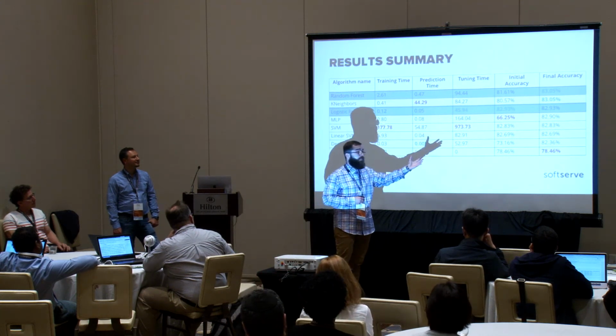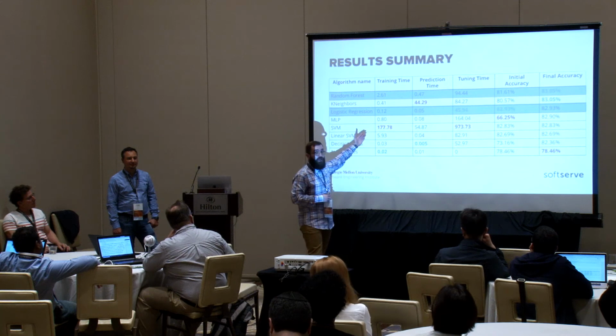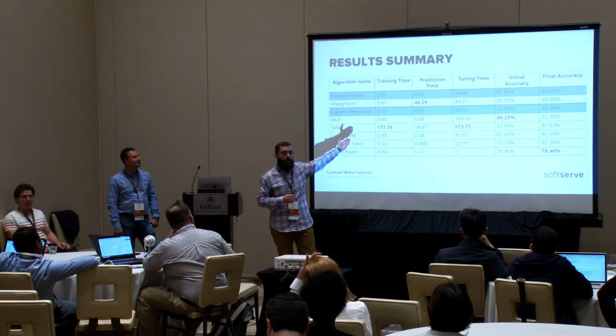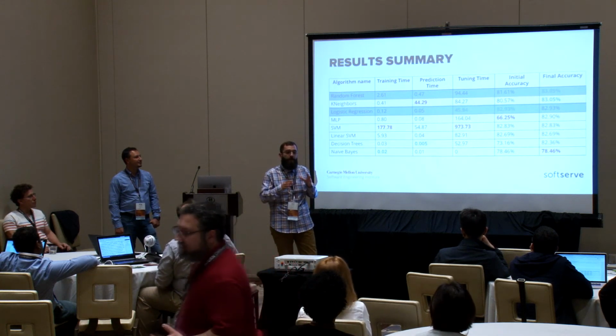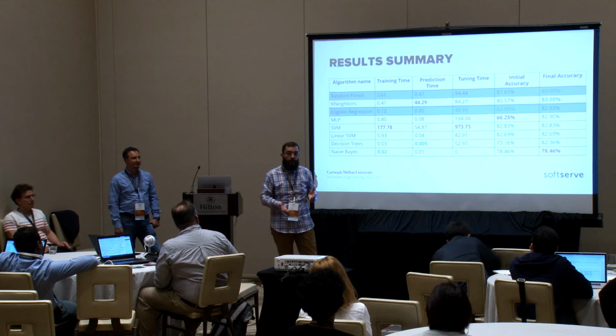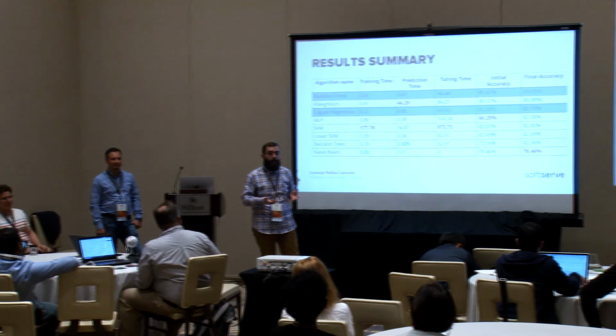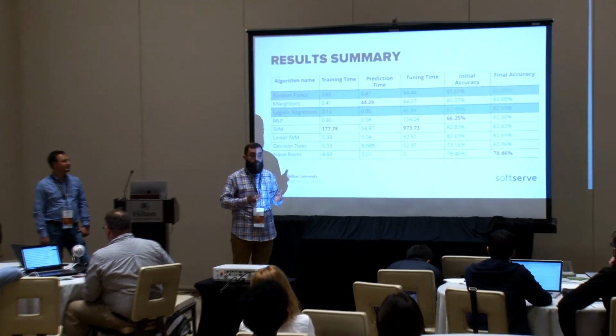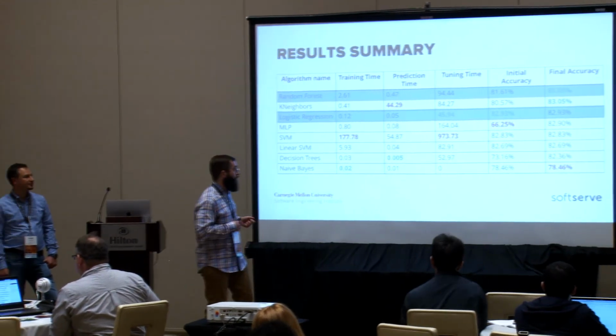It's in the same range, but still not the best. But training time is really huge, and the problem is in the actual design of this algorithm. It doesn't really scale. The complexity of this algorithm is exponential. That's why it's no longer a good choice for today's challenges and problems.